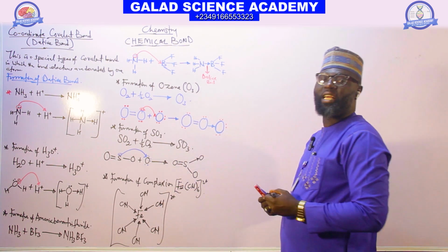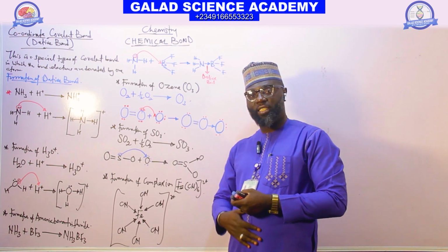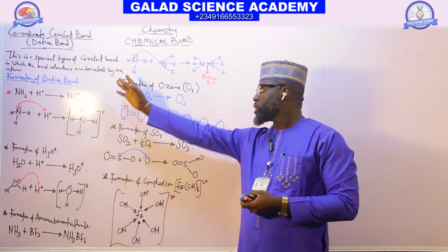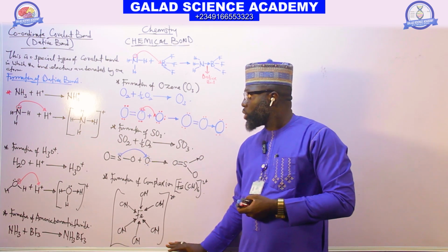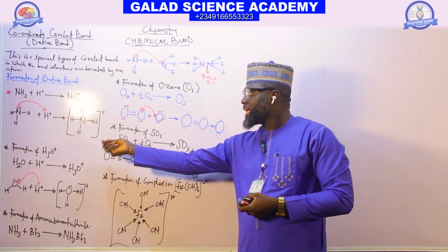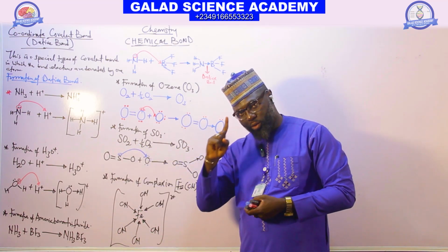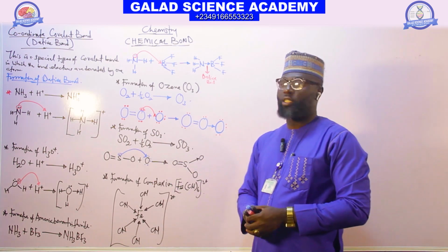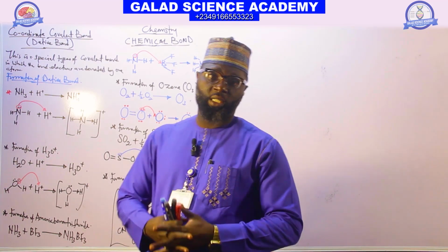So any bond of a ligand with a transition element is also a dative bond. So that's all about dative bonds. We can see that in a dative bond, the shared electrons are produced by one atom participating in the bonding.